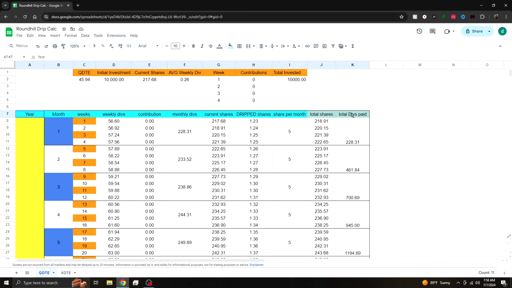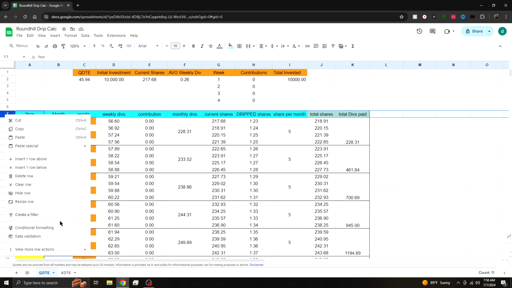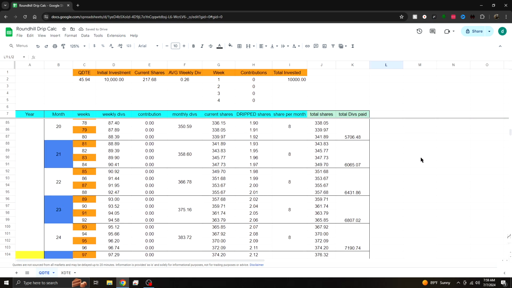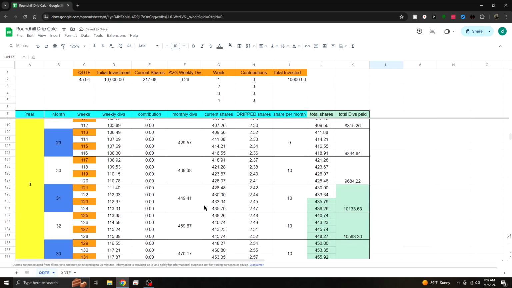So here, let me freeze these headers for you guys. There we go. So right here, year 3 or 31 months. I didn't make it accurate to the week, but at 31 months is when we'll get our ROI back.